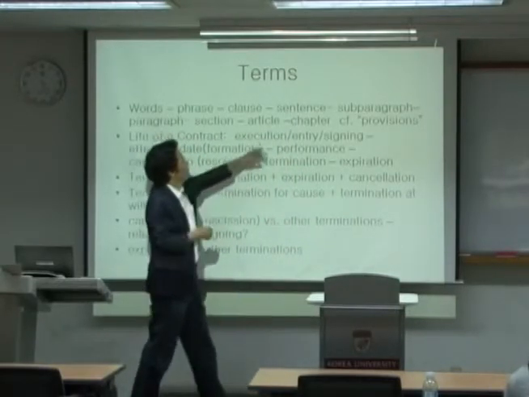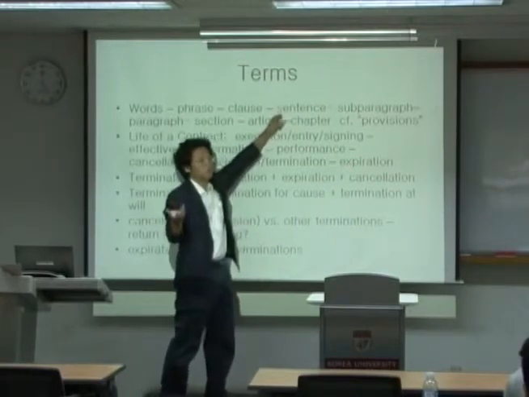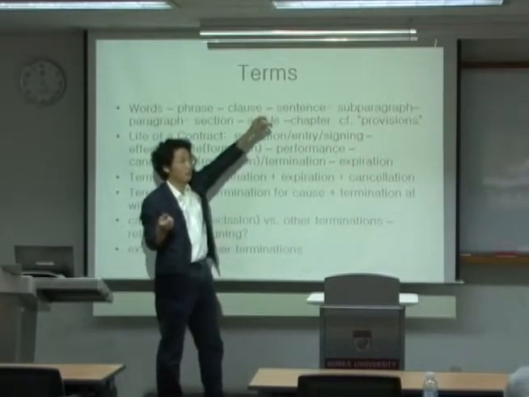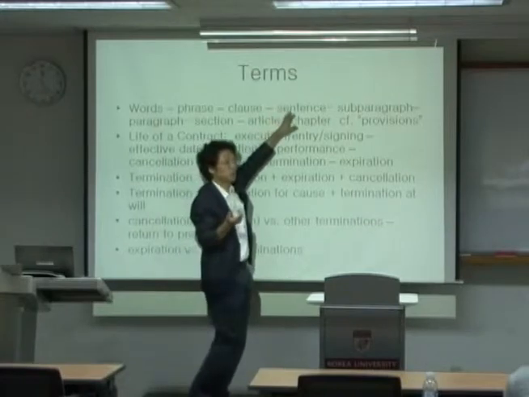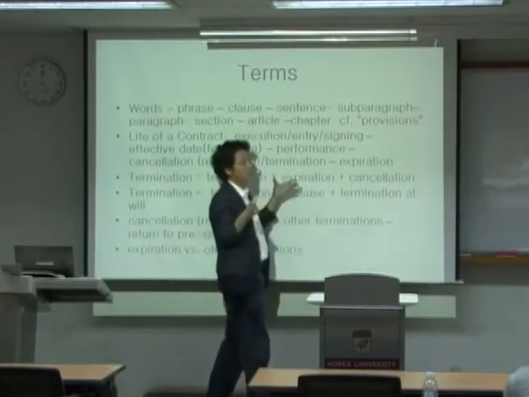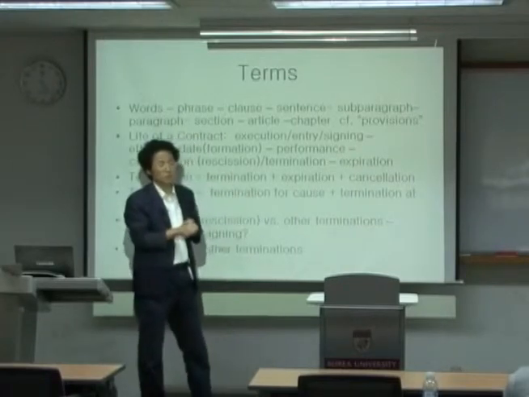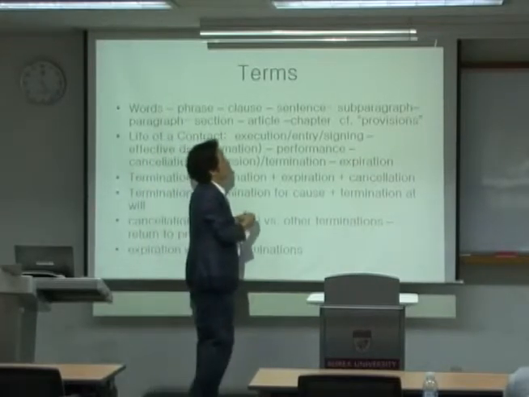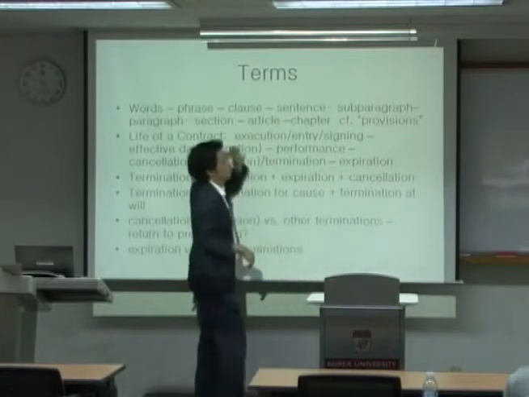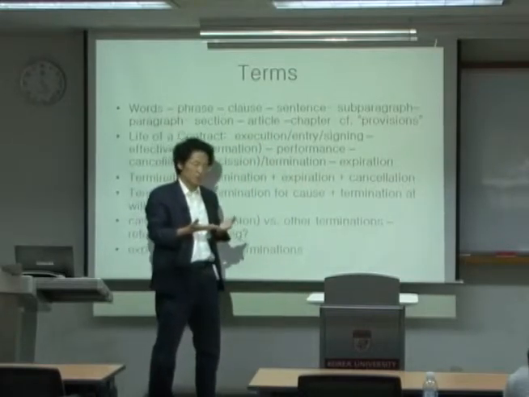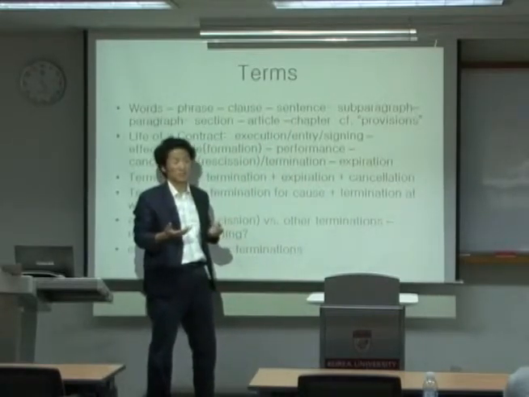Now you usually don't call a sentence a provision. 그냥 문장일 뿐이죠. 하나의 조항이라고 부르진 않죠. 물론 이제 문장 하나가 it's possible one sentence can form one provision, but you don't call it like sentence 12 of a contract, right?